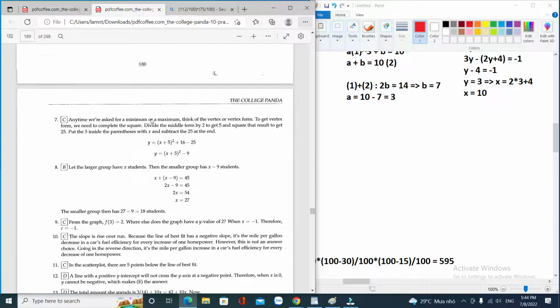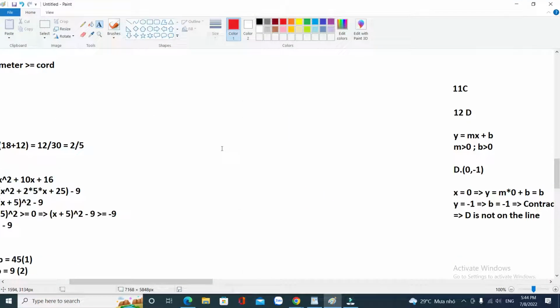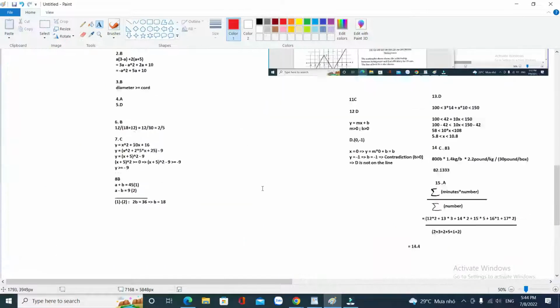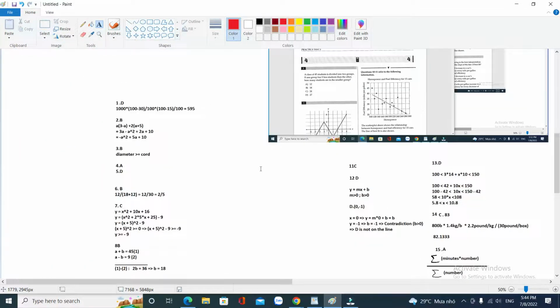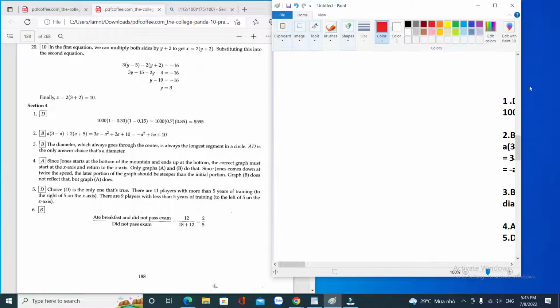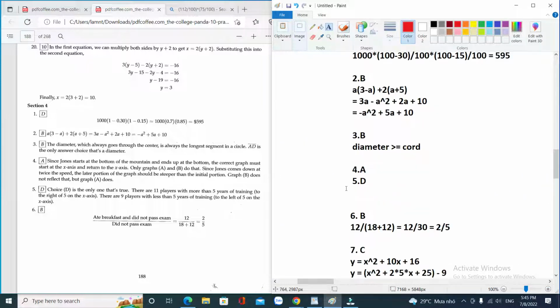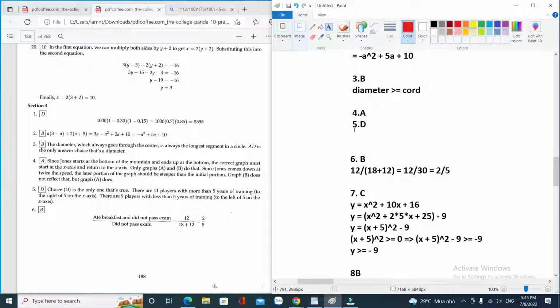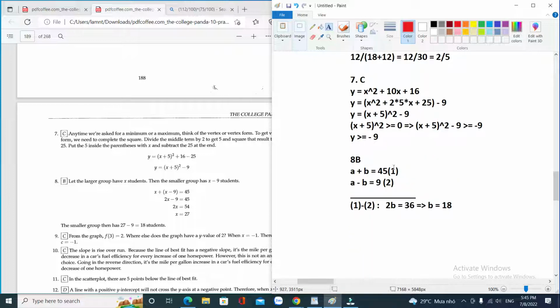Here, 2 is B, 3 is B, 4 is A, and 5 is D. So 6 is B again, and 7 is C. Okay, 7 is C. Good. 8 is B. Okay, 8, yeah, correct.